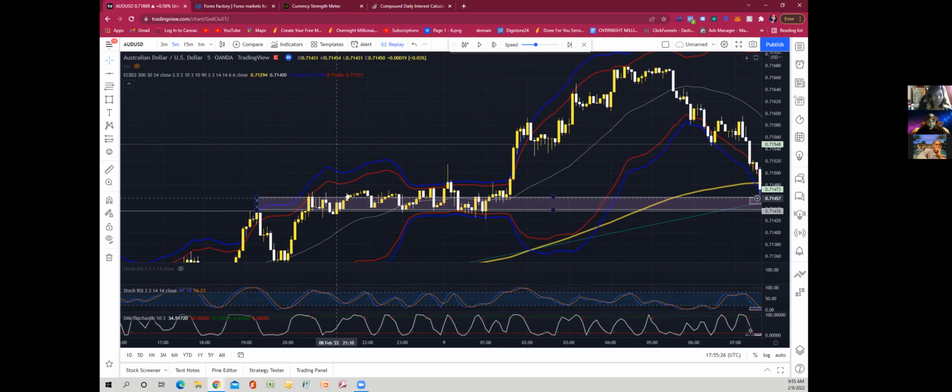It ranged, broke out a little bit, came back down, and ranged yet again.